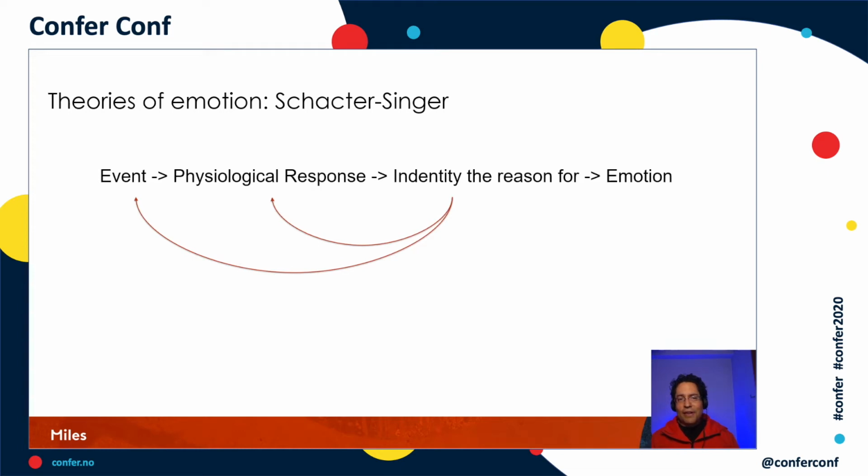The next theory is Schachter-Singer. They have something called the two-factor theory of emotion, or the cognitive theory of emotion. This is from the 1960s. Here they focus on the interaction between two different factors, the physiological response and also the cognitive labeling of that response.